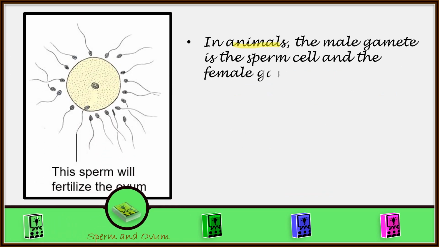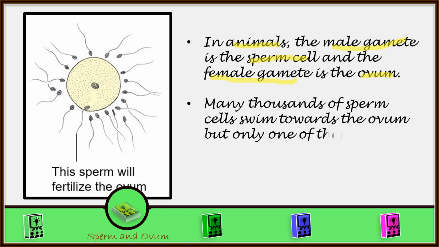In animals, the male gamete is the sperm cell, and the female gamete is the ovum. Like we have already seen, the sperms are the male gametes in animals, and the ovum is the female gamete.